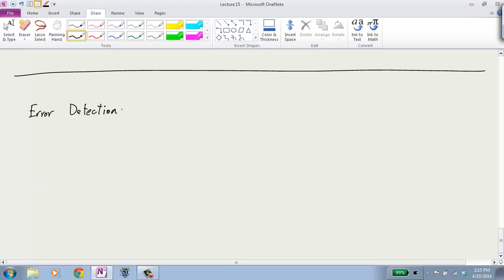Okay, let's look at some simple error detection. We can do single bit error detection using a parity bit. So a parity bit works like the following.